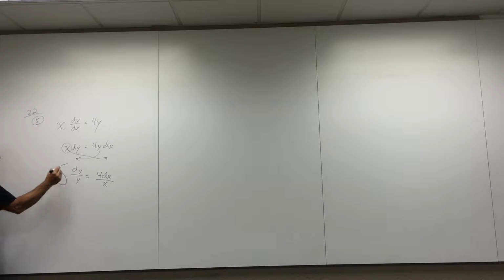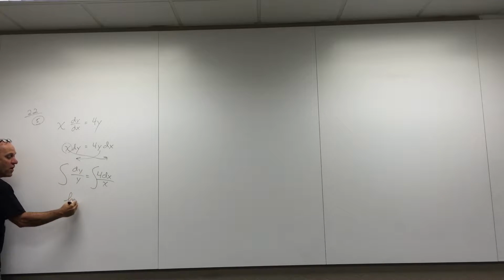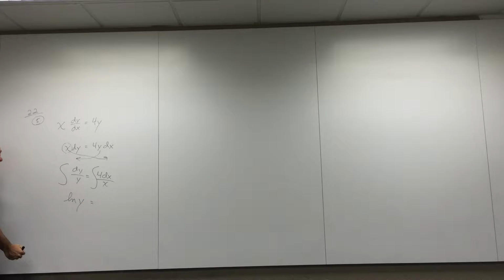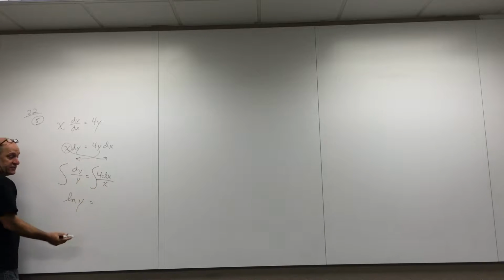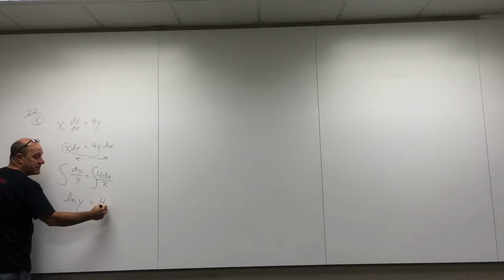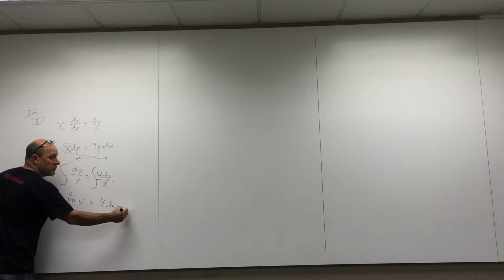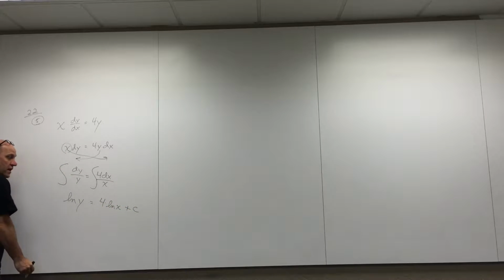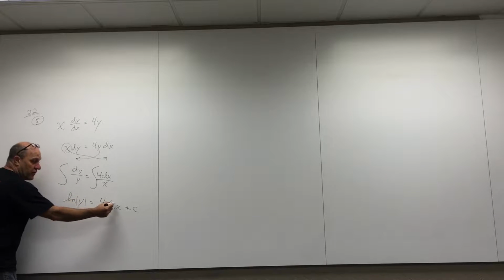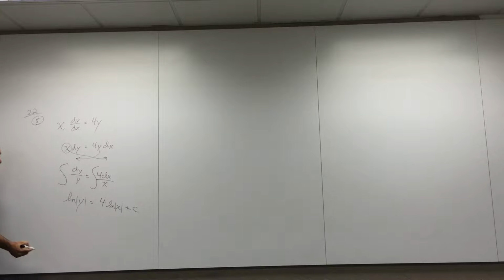And now I'll integrate both sides. And when I integrate this side, it's the natural log of y. When I integrate the other side, it's 4 times the natural log of x plus c. Technically, when you integrate these things, you should have the absolute value, although in this very next step, I tend to lose the absolute value because I want to solve for y, so I want to e both sides.